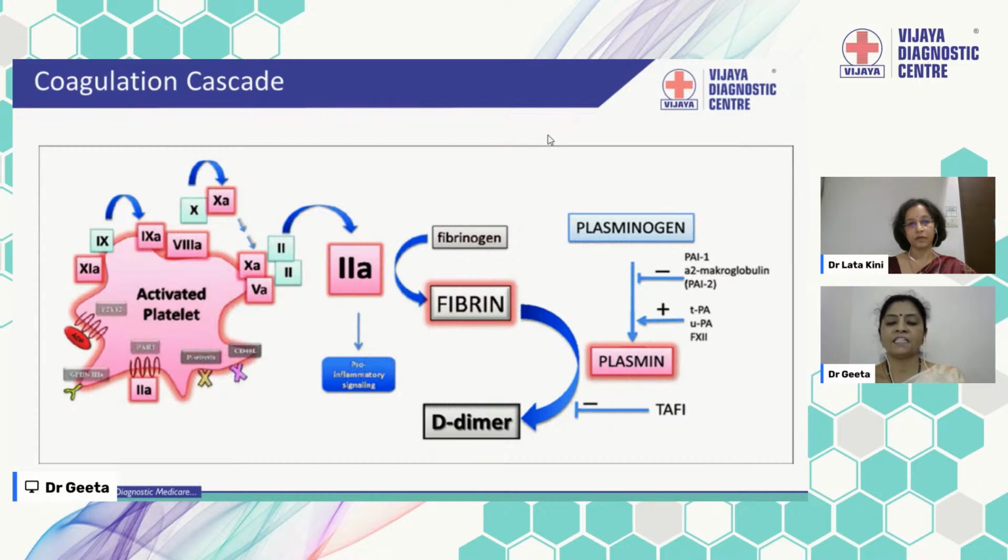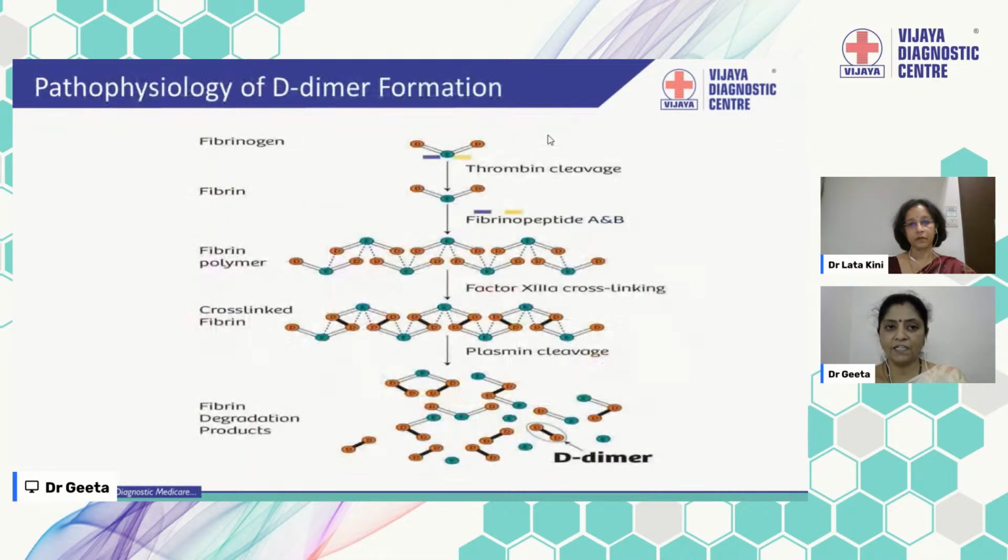As we all know, there is an extrinsic pathway and an intrinsic pathway of coagulation, which come together in converting fibrinogen into fibrin under the activity of thrombin. This fibrin is converted into D-dimer by the action of plasmin. How this happens, let us have a look at it.